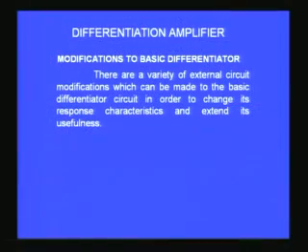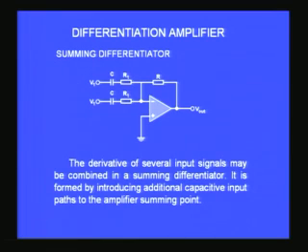Right, now we have seen the demonstration as well as a simulation of the differentiating circuit. We can also have several variations of the differentiating circuit. For example, I can have multiple signals.